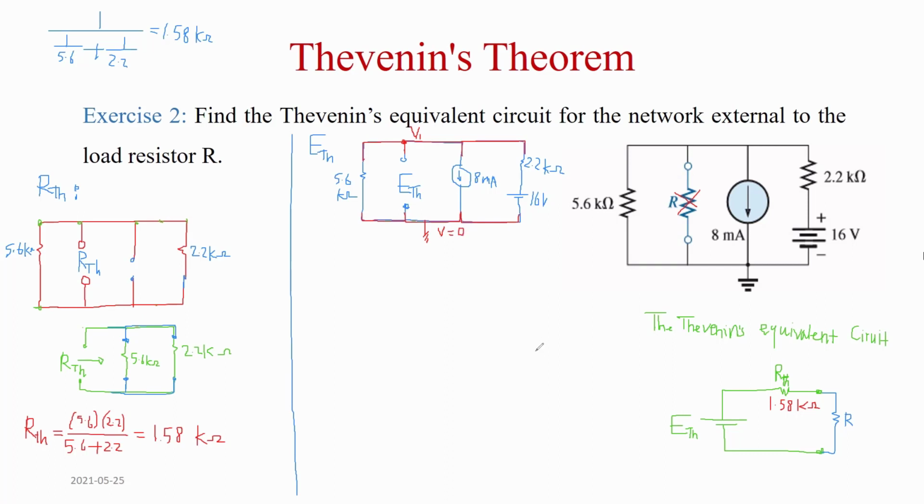So I have one node plus the reference node. I'm going to use nodal analysis, find one equation, find the voltage V1, then use that voltage to find E Thevenin.